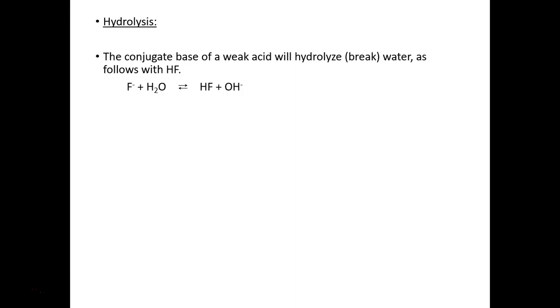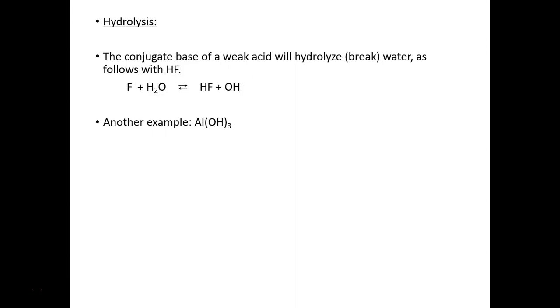Okay, so because fluoride is the conjugate base of a weak acid, it is going to serve as a strong Bronsted-Lowry base. So it will pull a hydrogen atom, or a proton, off from water to produce HF and a hydroxide ion. Okay? So we say that this is a strong base because it produces hydroxide ions in water.